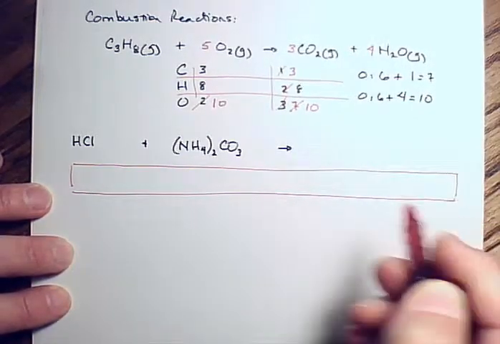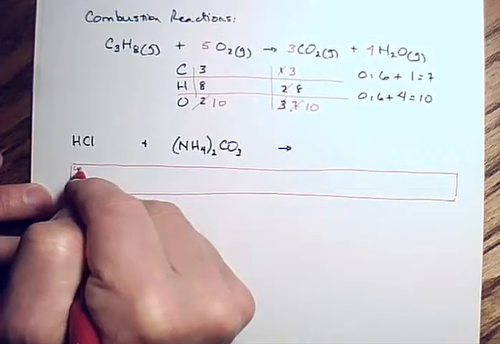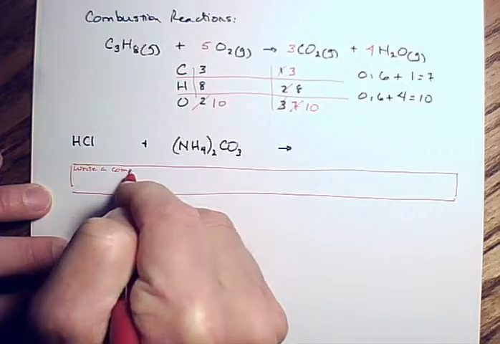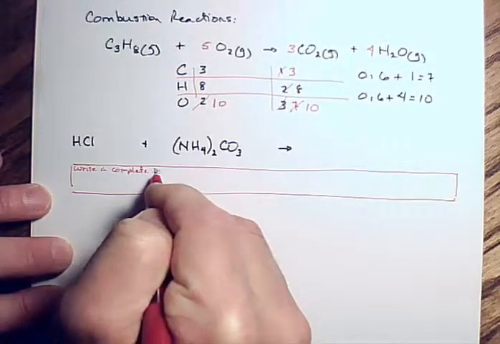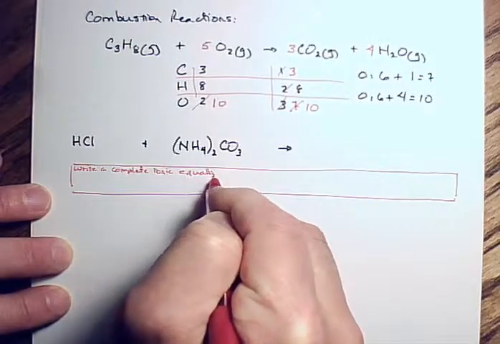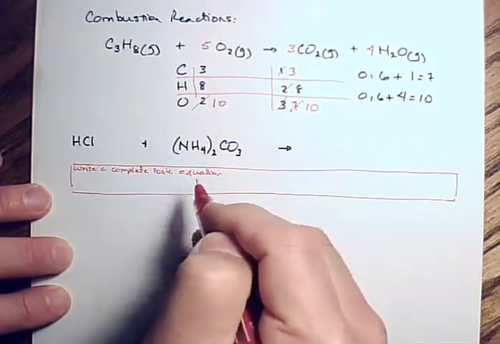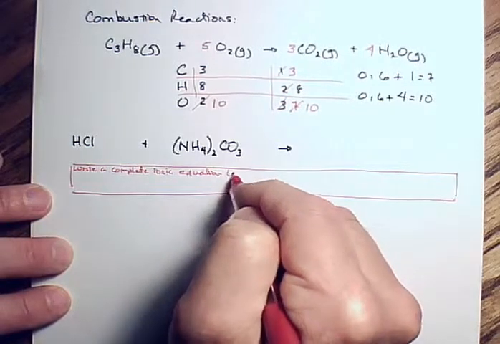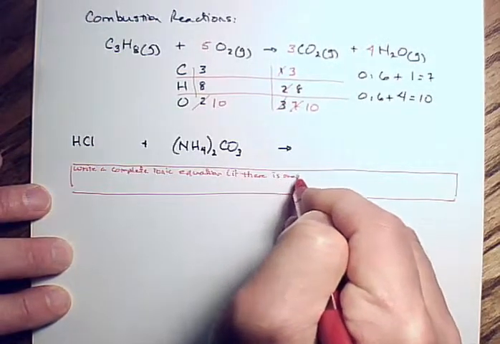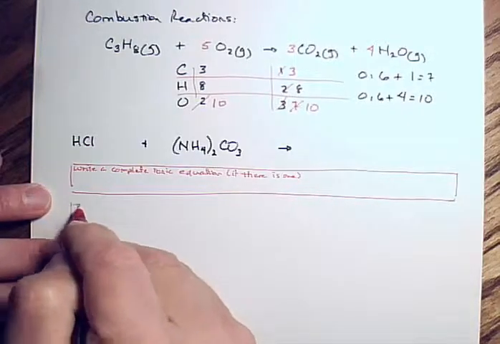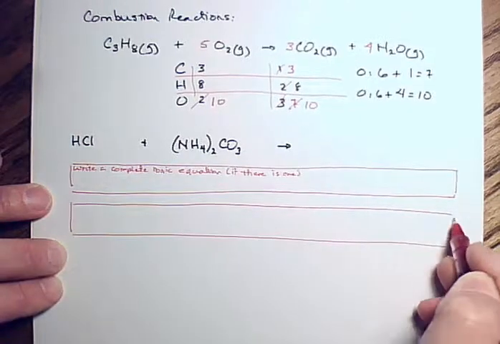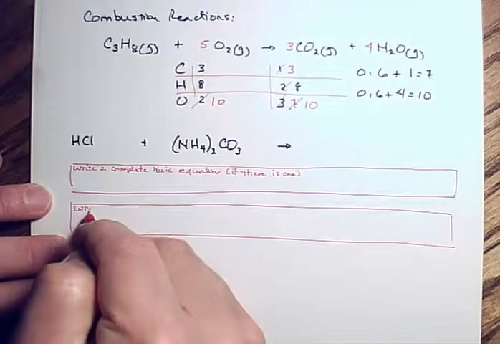And in this box, I want you to make sure that you write a complete ionic equation here, if there is one. And then write another box under that for your net ionic equation.